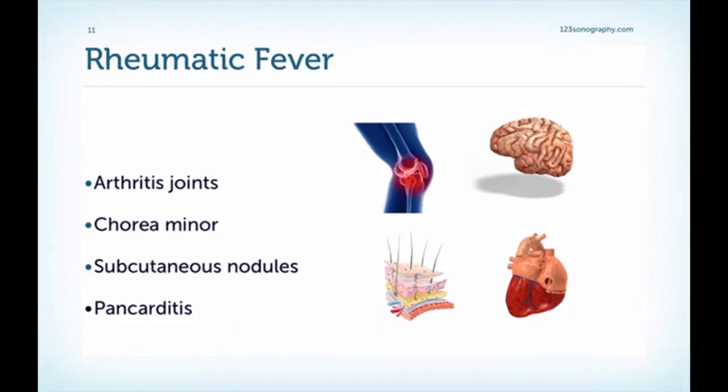Rheumatic fever is an antigenic reaction to group A streptococcal pyogenes, which leads to a cascade of inflammatory processes that eventually lead to the formation of so-called Aschoff bodies. Finally, we have tissue destruction and tissue necrosis, which lead to the changes that we see in mitral stenosis.